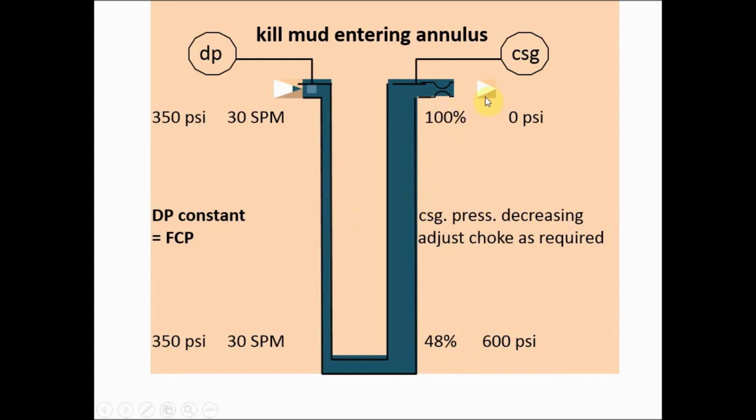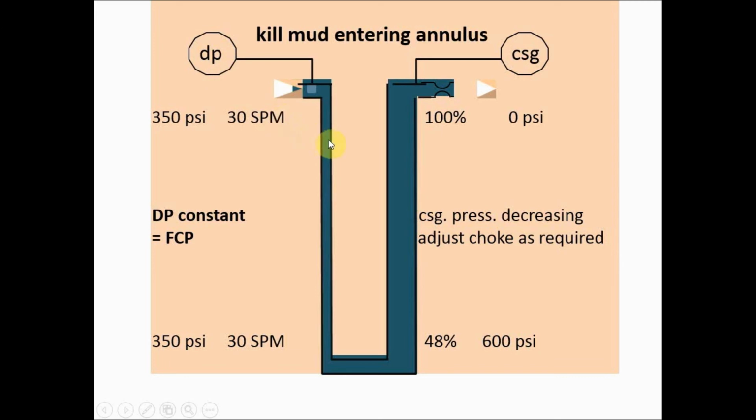Once the kill mud is out from the choke, we will check with the mud balance. Mud weight out must be the same as mud weight in, and then we can shut in the well. If there is no trapped pressure in the well, we will have shut in casing pressure equal to 0 and shut in drill pipe pressure equal to 0.